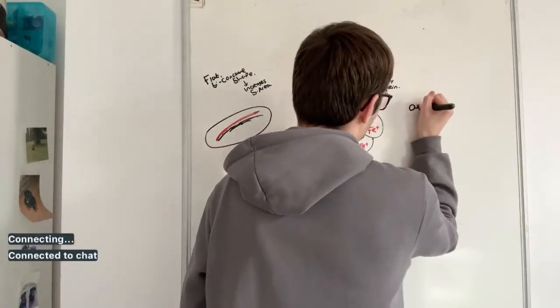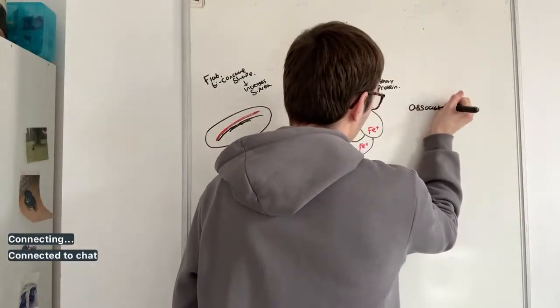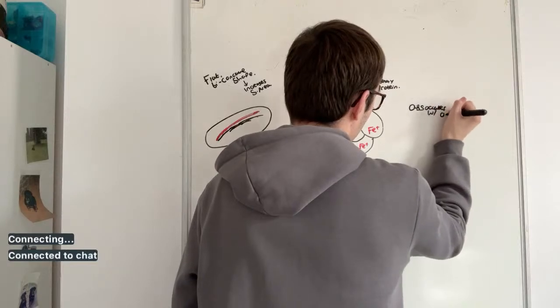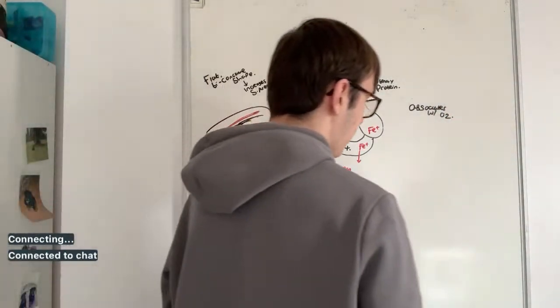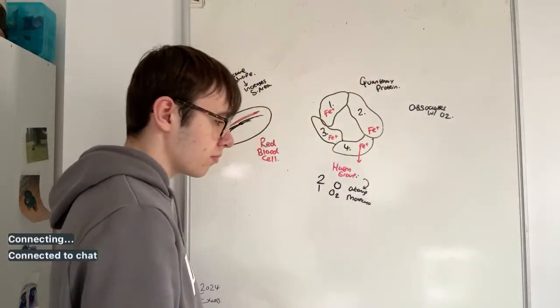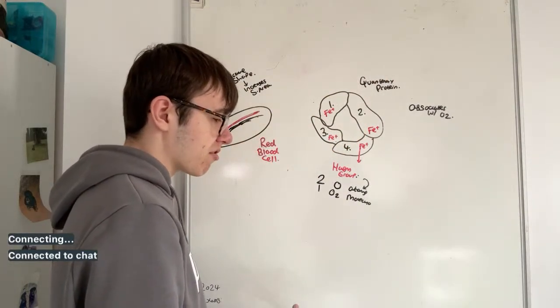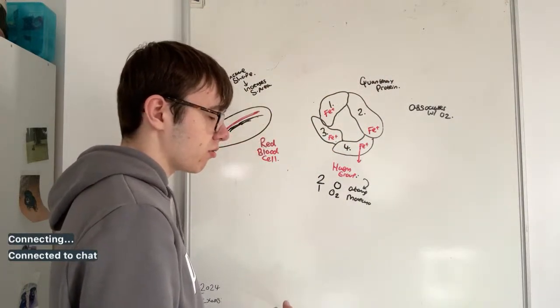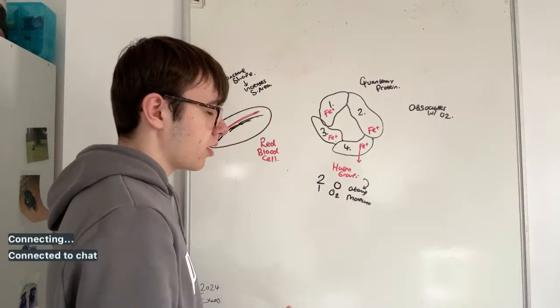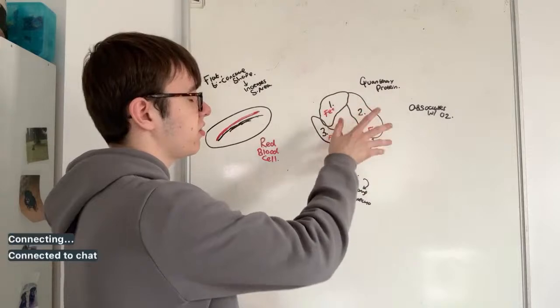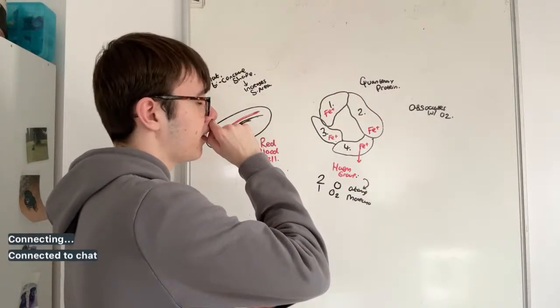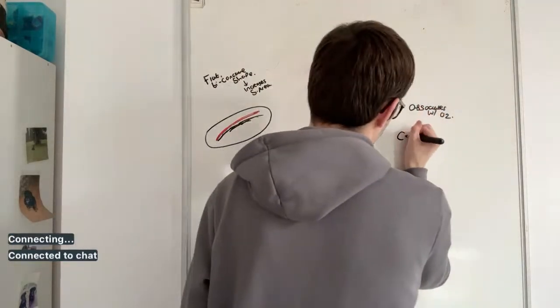Disassociated, associated. It associates with oxygen. And this can be increased by CO2. Because CO2 will dissolve into carbonic acid, which increases the pH, causing a slight change in tertiary structure. That's called the Bohr effect.